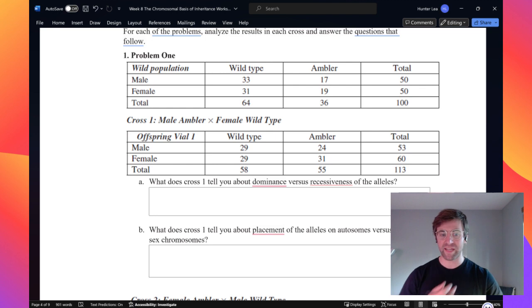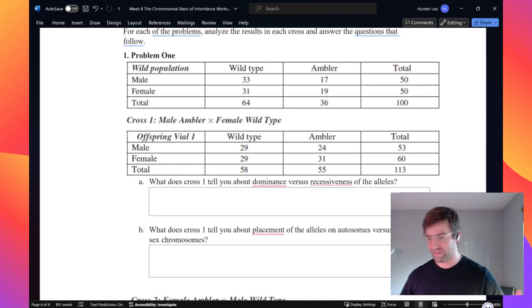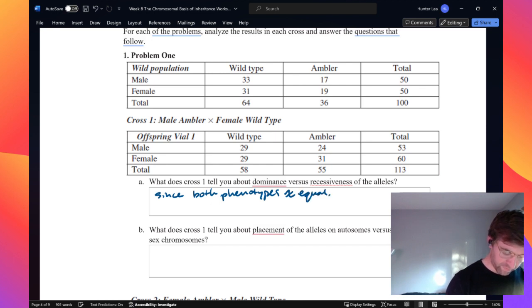So because we get equal numbers of both phenotypes, it's really impossible to determine if one is dominant over the other. Since both phenotypes are approximately equal, we cannot determine dominance.